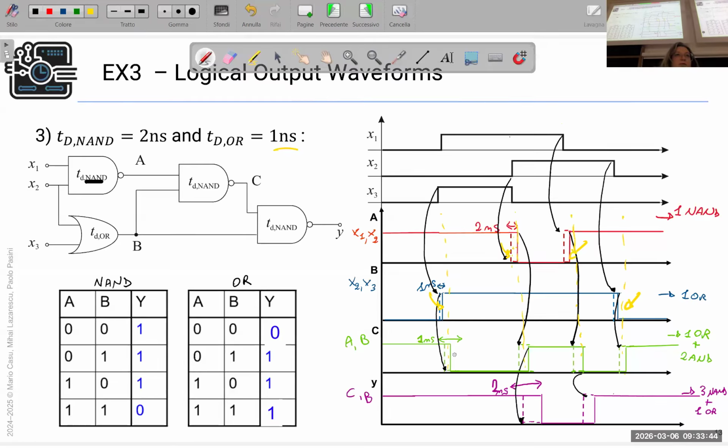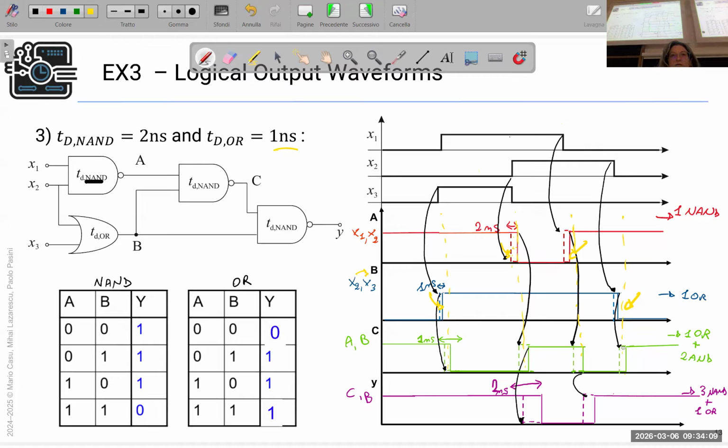So now, to see the delay, if the transition is made by B, how much delay will be here? 1 nanosecond, because it's given by the OR, B. Then we have the transition here, and it is given by A, and A is given by 2. And then we have the transition here, and the same here, just delayed.